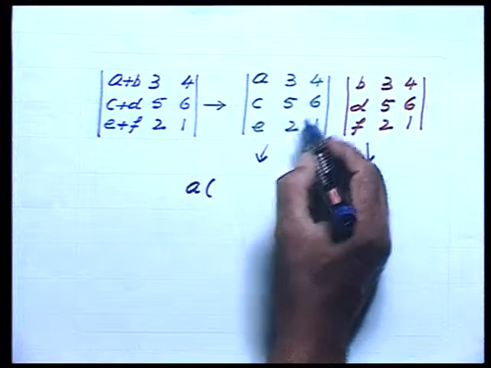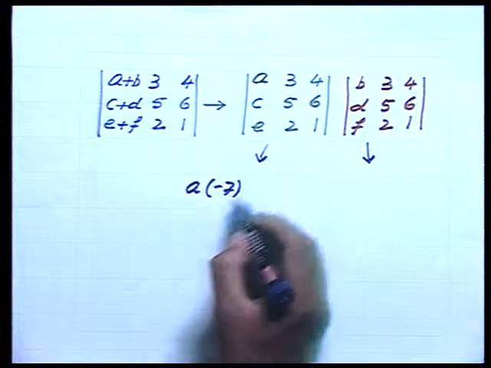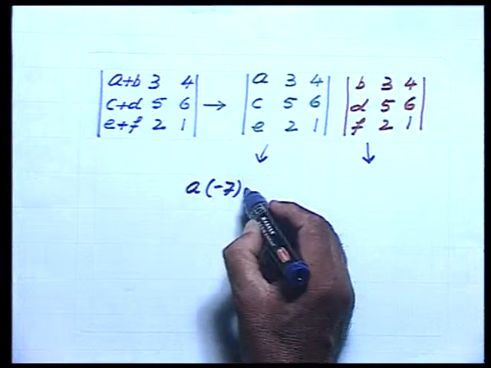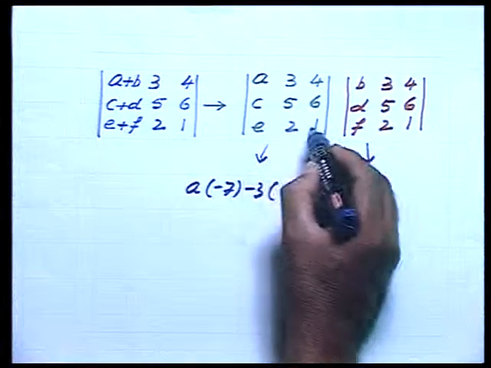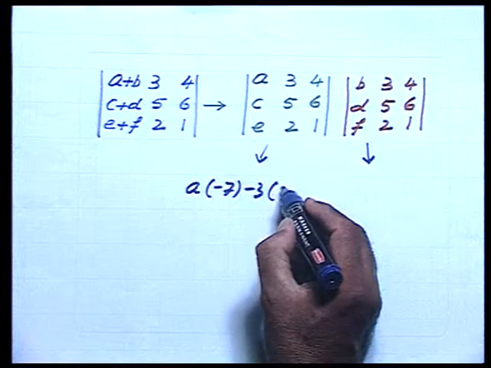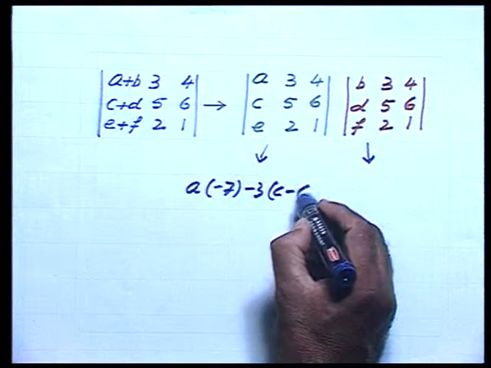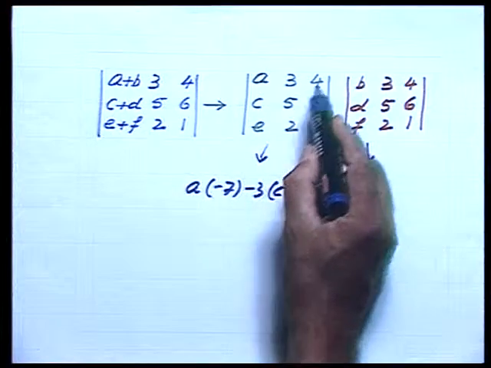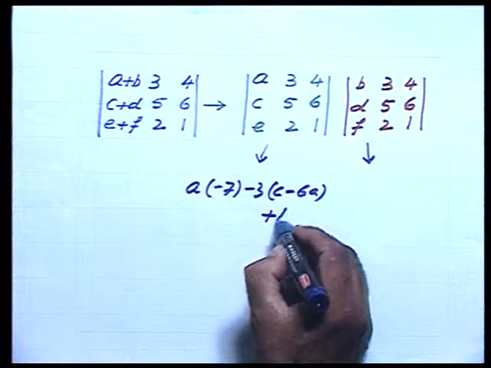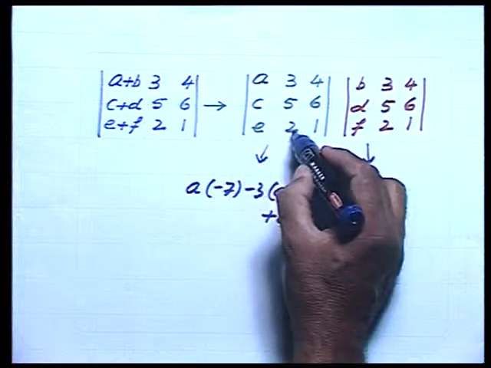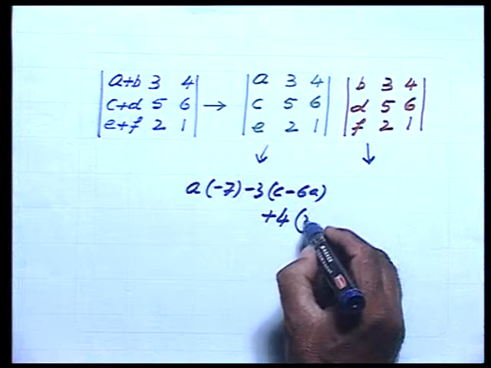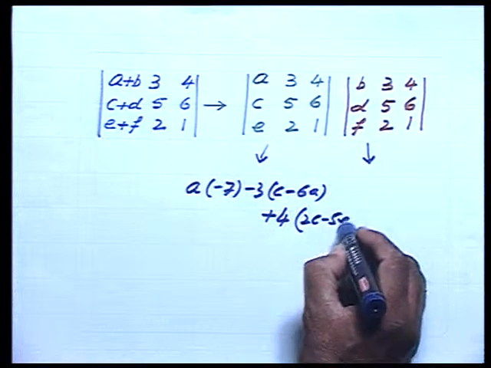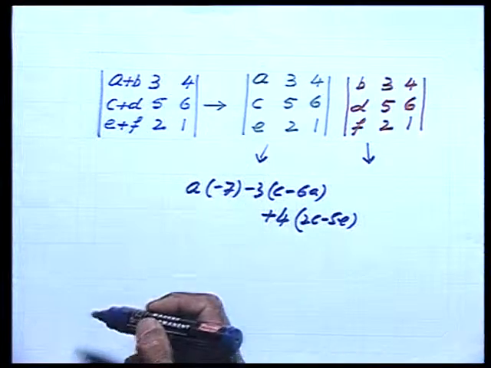So, 5 minus 12, minus 7, and then minus 3 C minus 6A. So, I will have to write my C minus 6A, and then 4 2C minus 5E. This is the value I get from here.